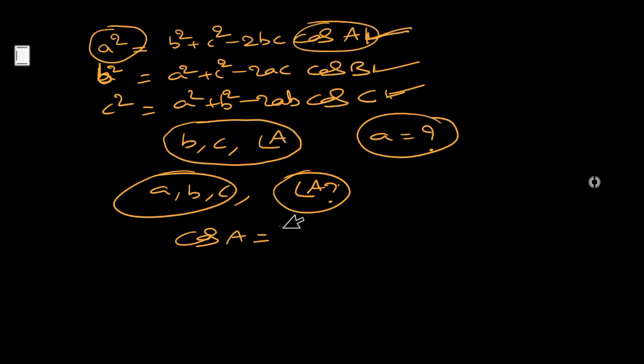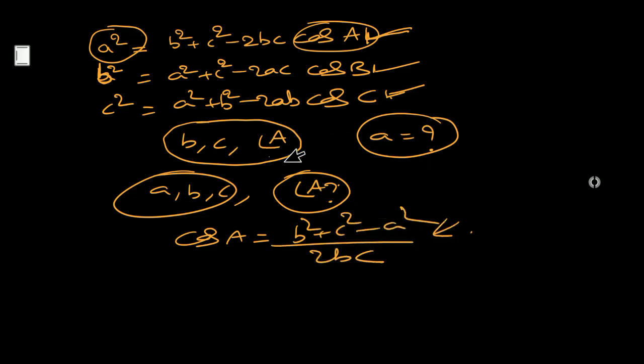Otherwise you can use it directly, and only one or two steps you will go forward. So cos a will be b square plus c square minus a square divided by 2bc. It is better to use this formula. In any situation, I think you got the usage of the cosine rule.